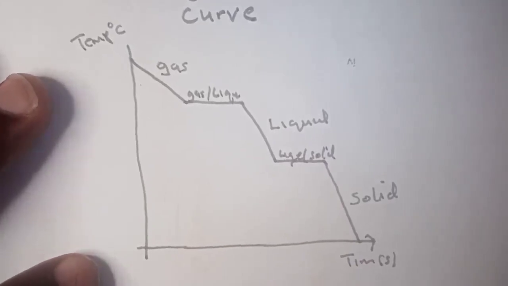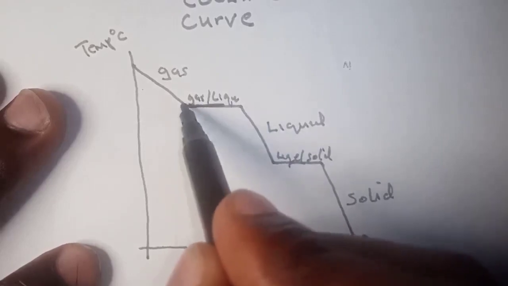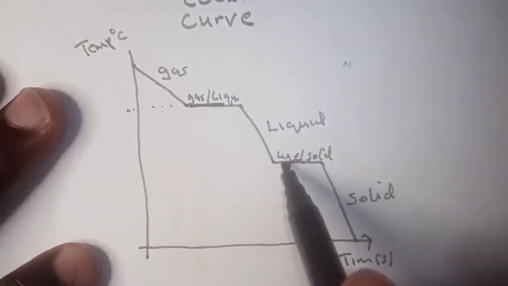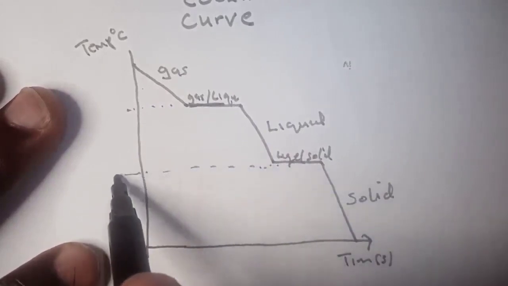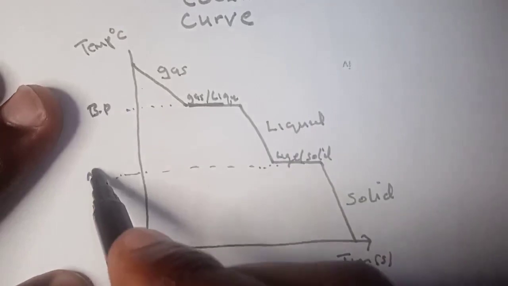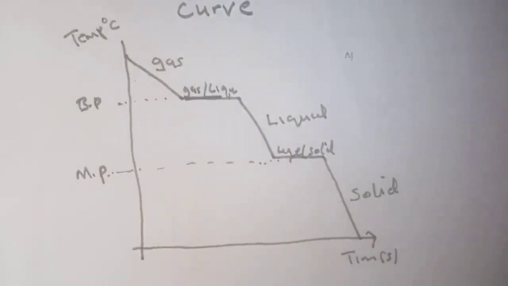Again, this is a change of state. This is BP and MP. That's just the opposite. When you start at the top and come down, it's called a cooling curve.